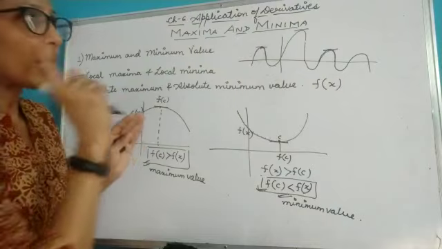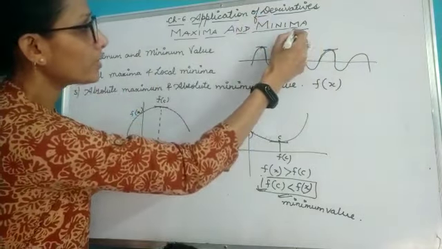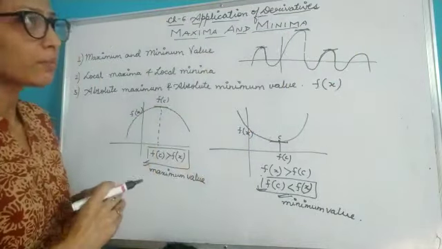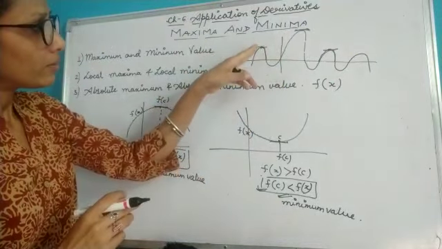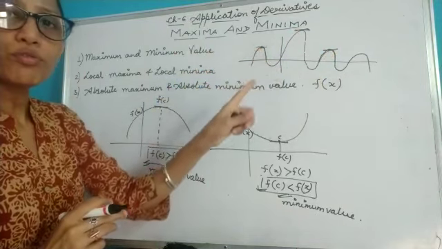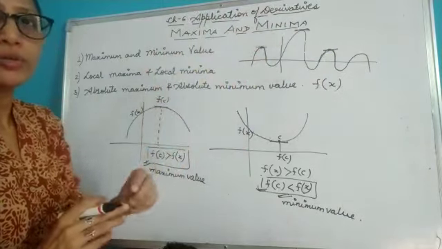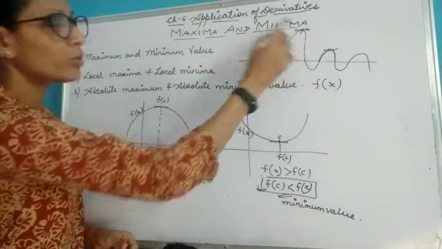Absolute means the highest maximum value. So if I see this curve, then this is your absolute maxima. That means I have different maximum values for this curve, but I need to find out the value where this curve attains the maximum value. That is known as absolute maxima.